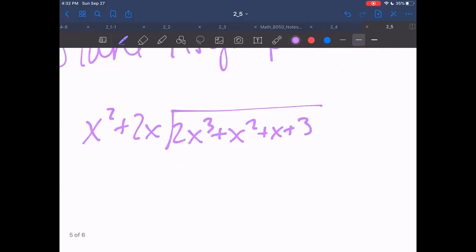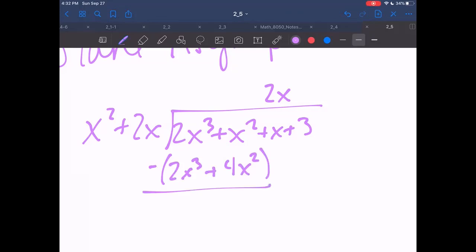So x squared plus 2x will go into these first 3 terms 2x times. And that'll be minus 2x cubed plus 4x squared, which will give us negative 3x squared, and then we bring down this x here.